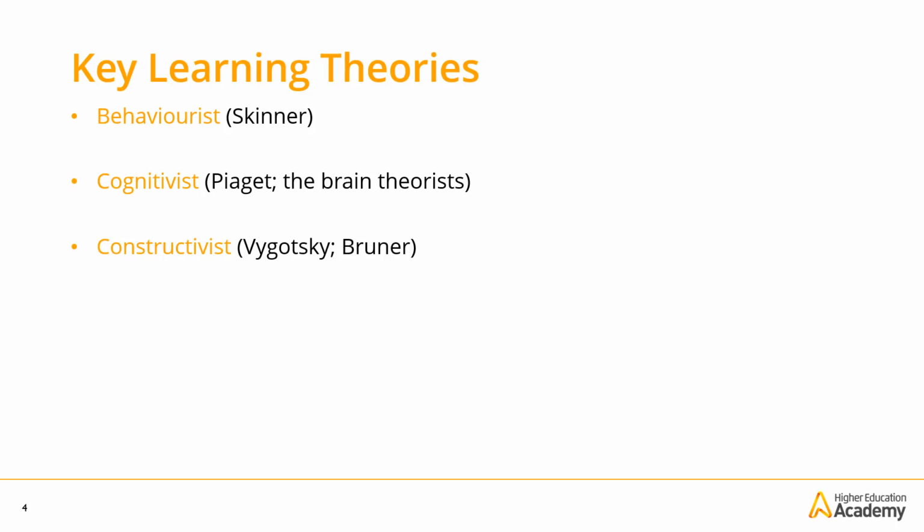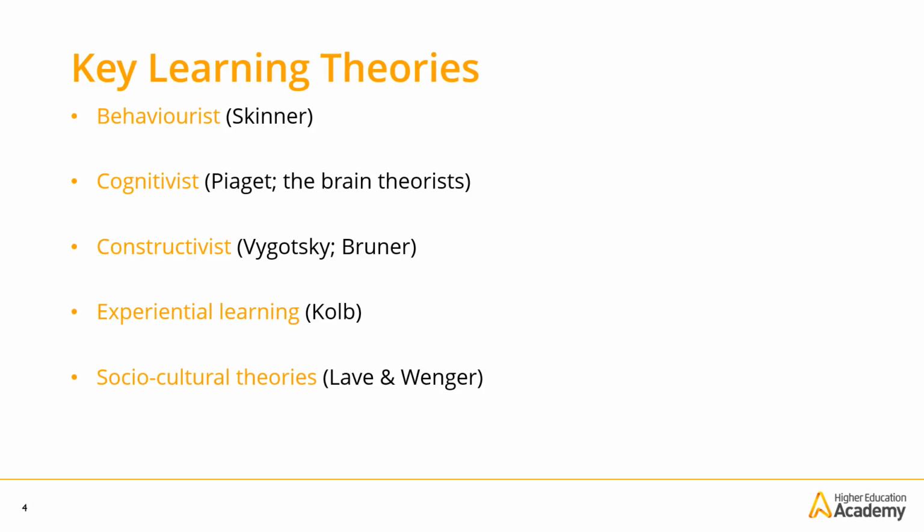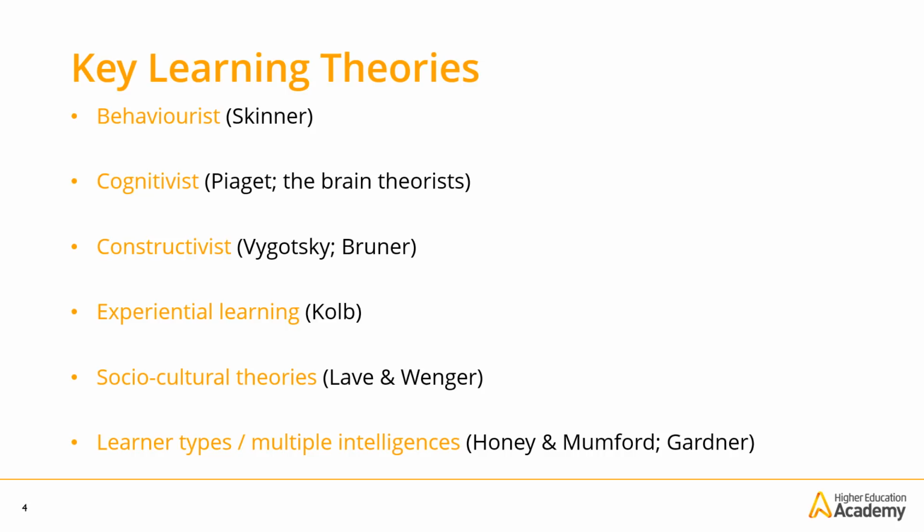And on to Vygotsky's work, which suggested that knowledge was constructed rather than acquired. This was further developed by Kolb in his recognition that learners needed time to reflect after activities. And later theorists recognised the importance of the socio-cultural environment on the learner and the learner themselves on the process.